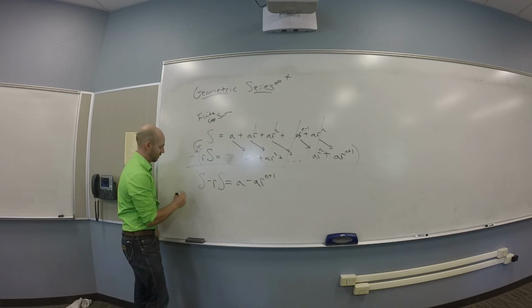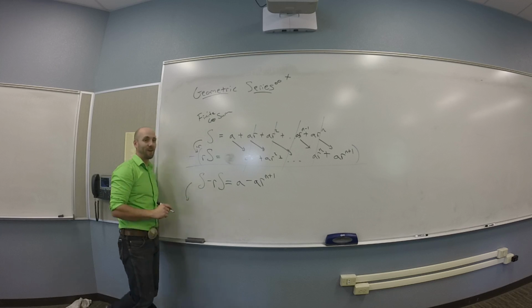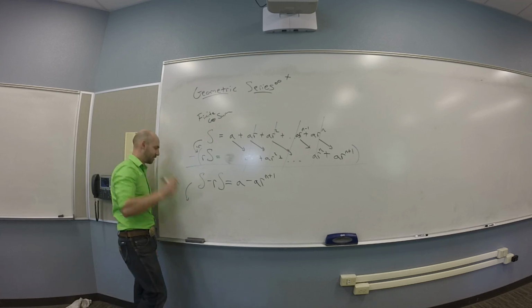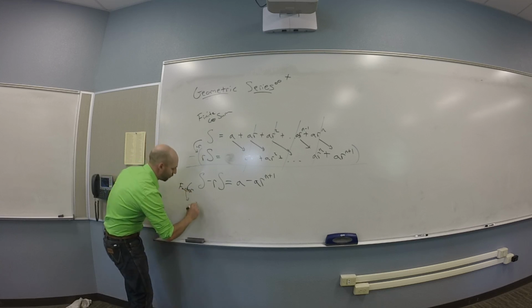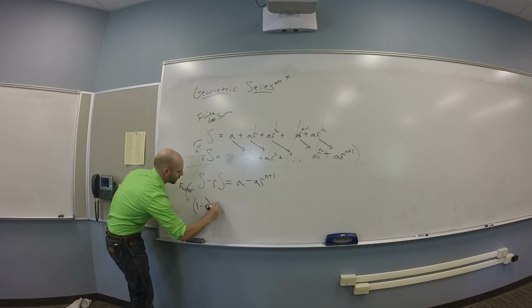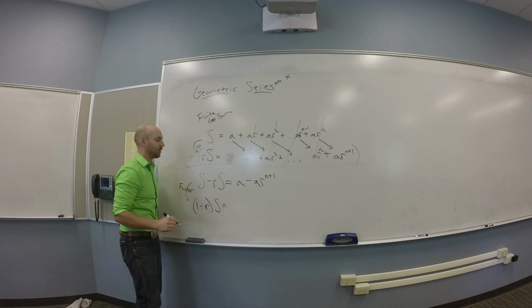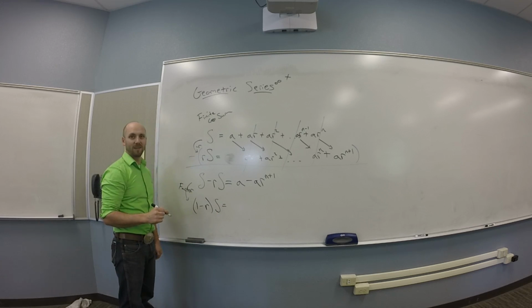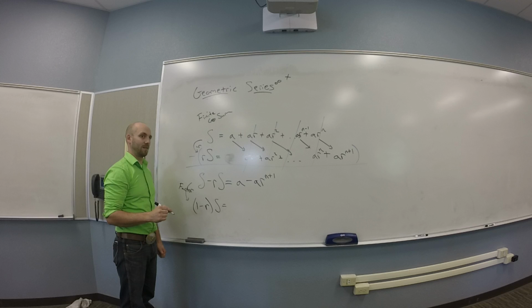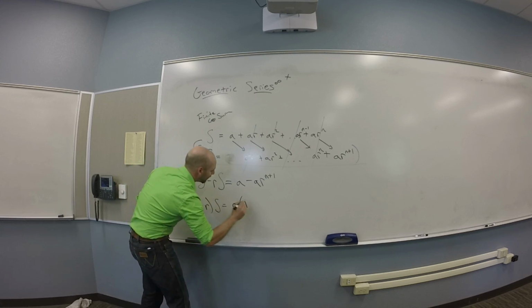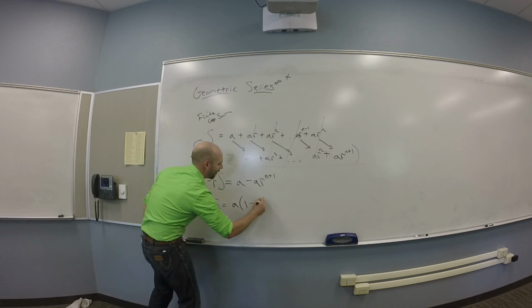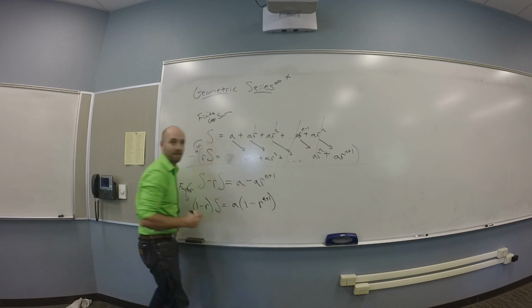Okay. So, solve it. Solving for S. Factor out your S on the left-hand side, so you get 1 minus r times S. And on the right-hand side, what can you factor out? An A. And then you're left with a 1 minus r to the n plus 1.